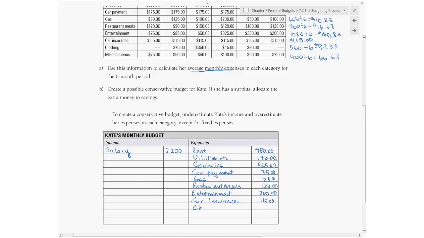Clothing. So she was at $93.33. Let's make that $100 a month. And miscellaneous. Okay, we had $66.67, so let's make that $75 a month.